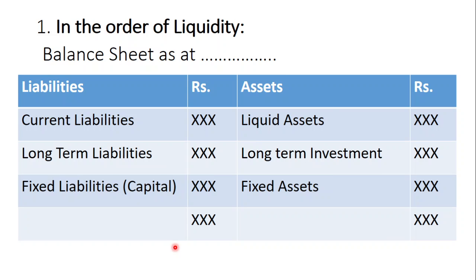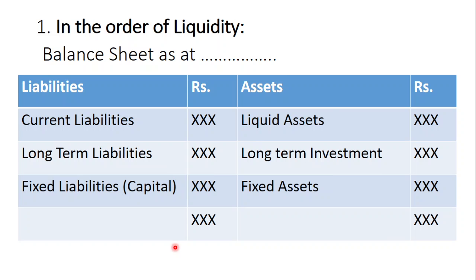It means how liquid it is, how speedy the liquidity is, how fast we can convert the assets into liquid or cash form. The one which is more liquid is written first, the one which is less liquid or which cannot be converted into cash very easily is written next. That is the order.